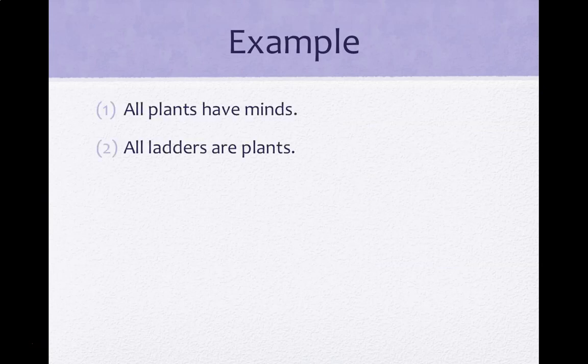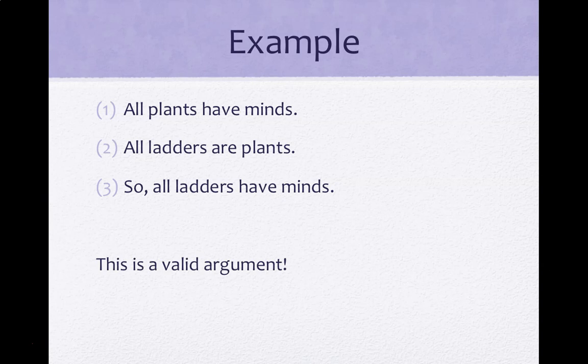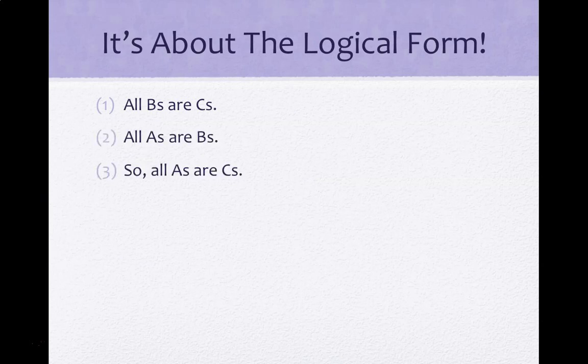So here's an example of what that might look like. All plants have minds. All ladders are plants, so all ladders have minds. Notice that this is a valid argument, right? It has the form, all B's are C's, all A's are B's, so all A's are C's.